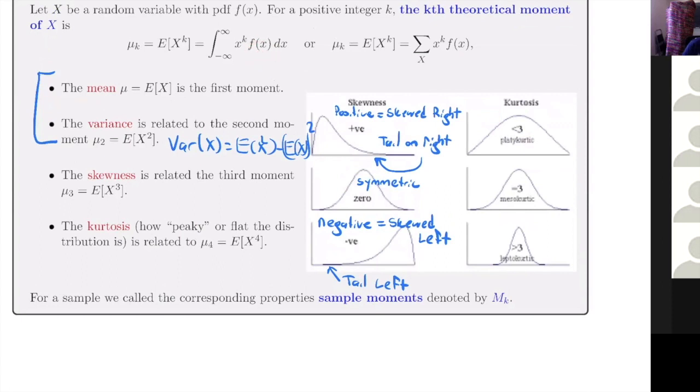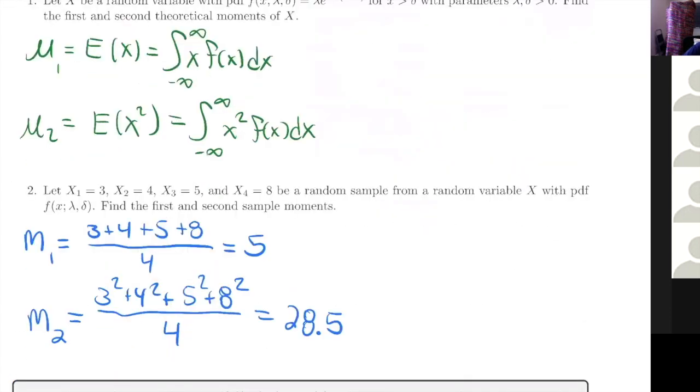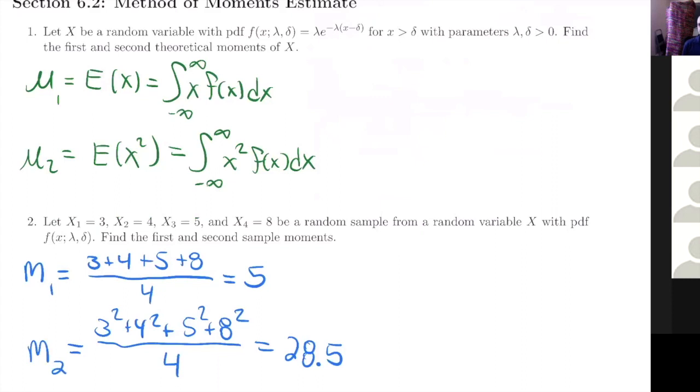We think that the PDF should have this general form, but again, the problem is still the same as it was last time. How do we figure out what the values of those parameters are? So we're going to compare these theoretical moments to what are called the sample moments. And that's what you guys checked out for the reading quiz for today.